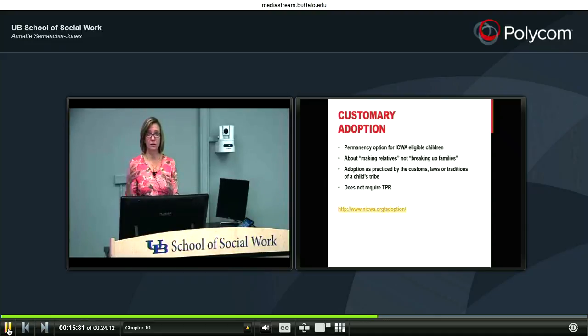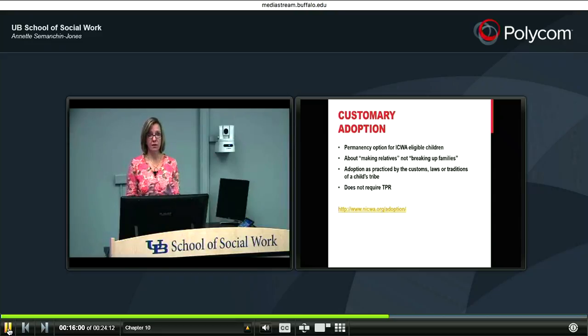For example, if you're legally adopting your grandchild, instead of legally changing that relationship from grandmother to mother, having a customary adoption allows that person to have a permanent, legally binding caregiving relationship without having to change those dynamics. The other key piece of this is that it does not require termination of parental rights.